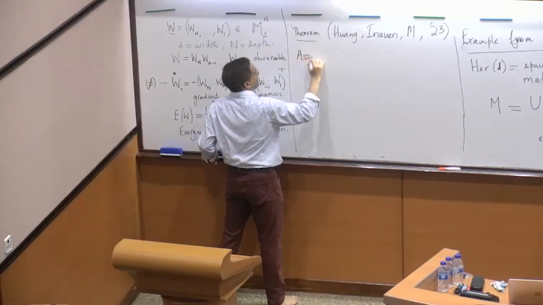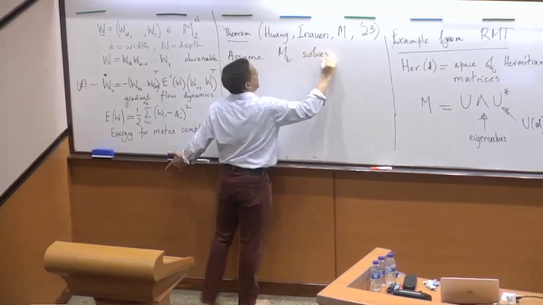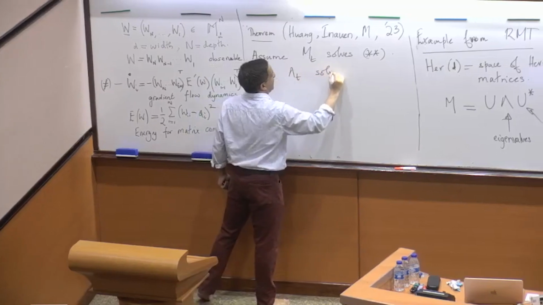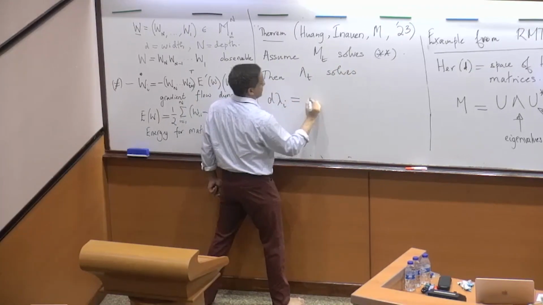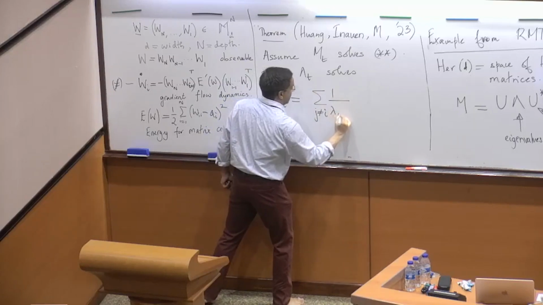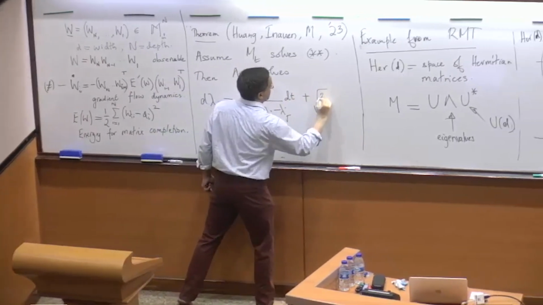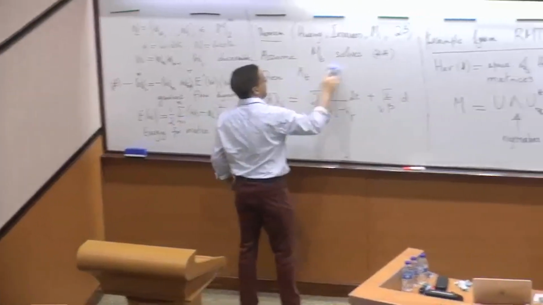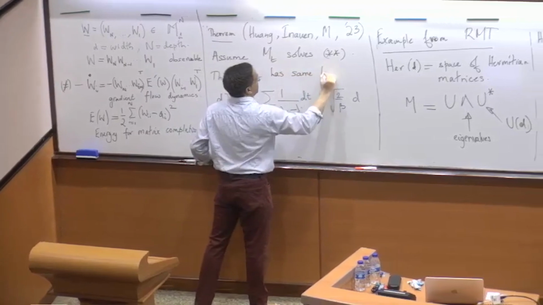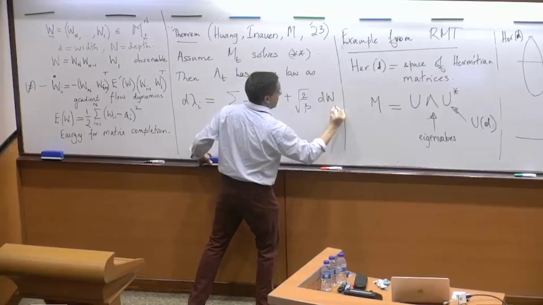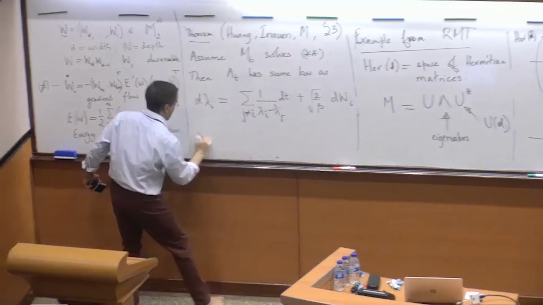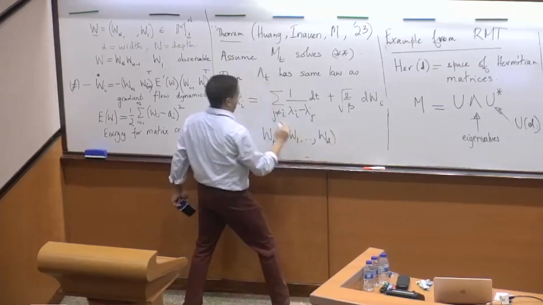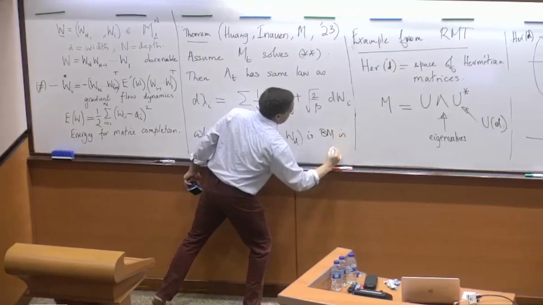But assume M_t solves star star, then lambda_t solves d lambda_i equal to the sum over j not equal to i of 1 over lambda_i minus lambda_j dt plus square root of 2 over beta d, so strictly speaking, one should be a little bit more careful, same law as W_i, where W_t is Brownian motion in R^D.